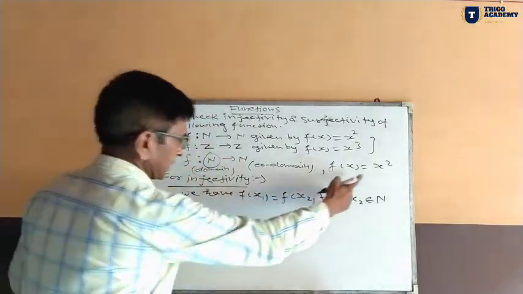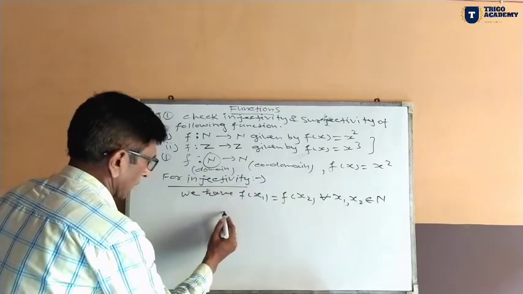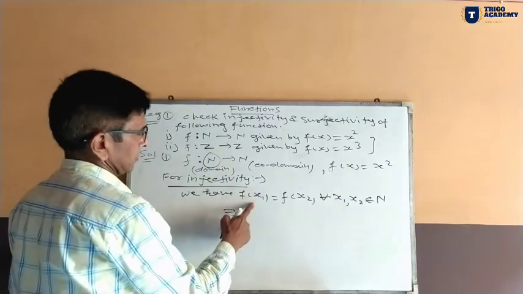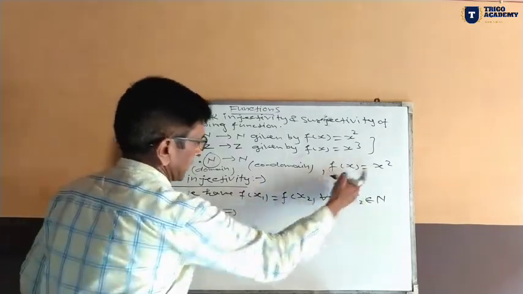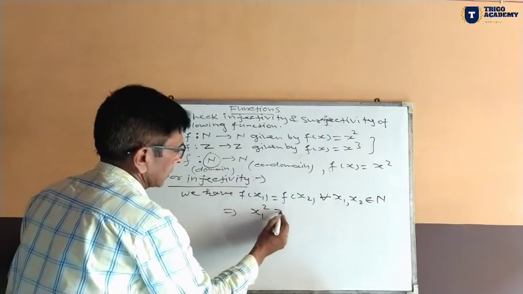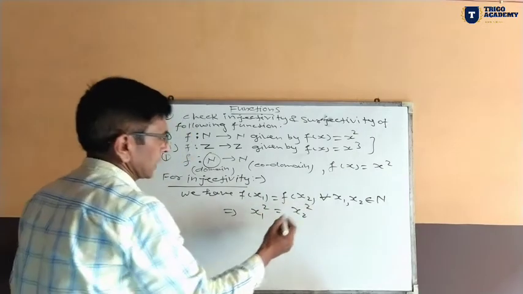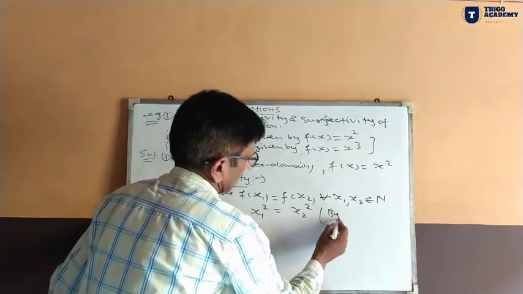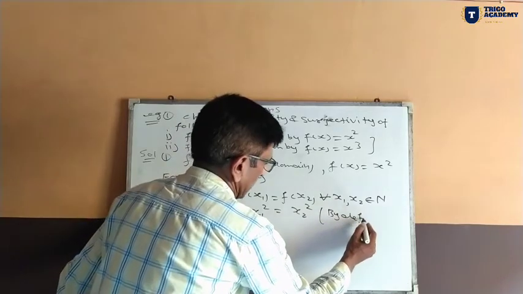So by definition of function, we put in place of f(x1) x1 square and here x2 square.